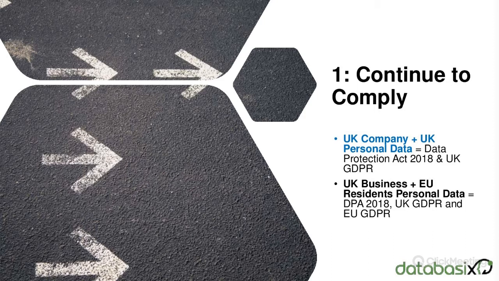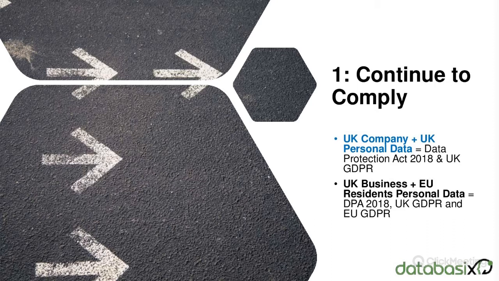So you're using, say, a cloud-based accounting package, or you have a HR system, or you're using a newsletter tool, and the servers are in the UK and there is no data that goes outside of the UK, then on the 1st of January, what applies to you is the Data Protection Act of 2018 and the UK version of the GDPR, which will be brought into law by the 1st of January.